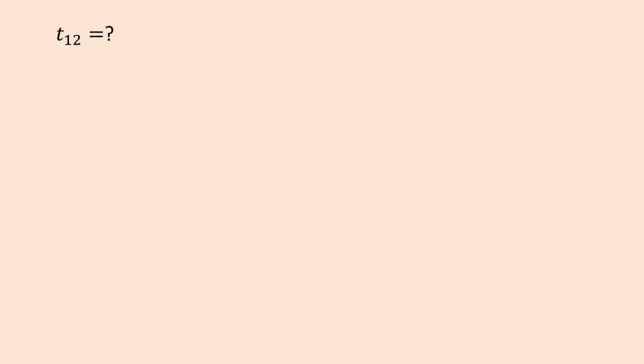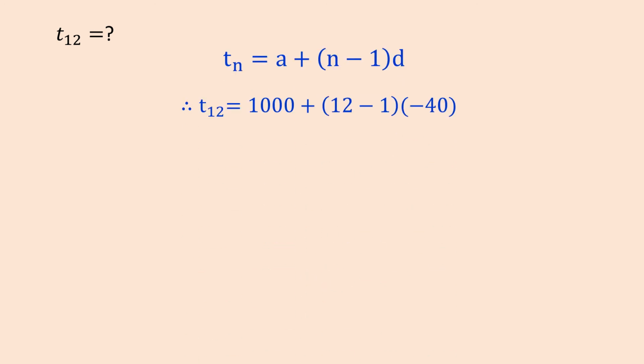Now we have to find T12. So let us see the solution. We have Tn equals a plus (n minus 1) into d. Therefore, T12 equals, now that we have the value of a, 1000 plus (12 minus 1), and the d value will remain the same, into minus 40.